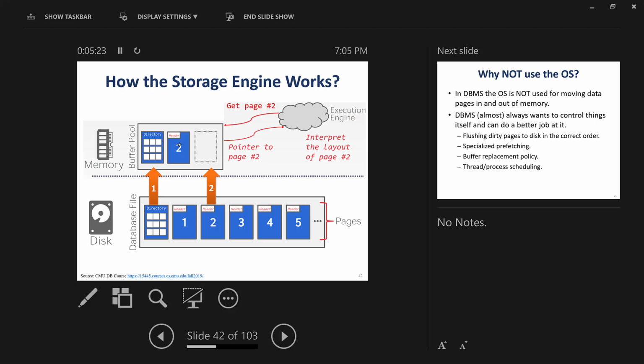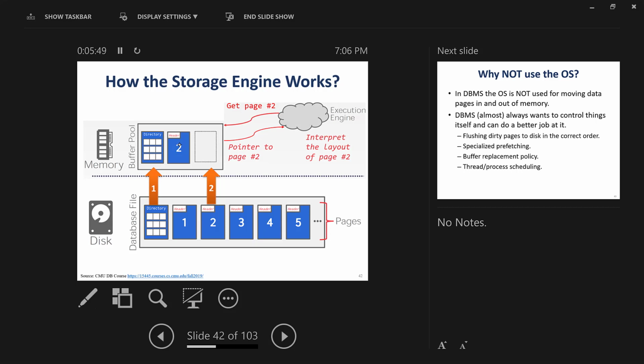Okay, how will it know how to deal with this page? It needs to be familiar with the layout of the page. That will come. What I want to say here, at this level, what we really need to understand is that the database file is made up of pages.